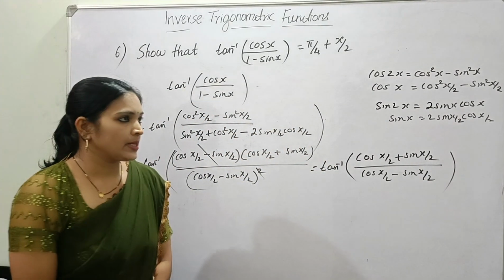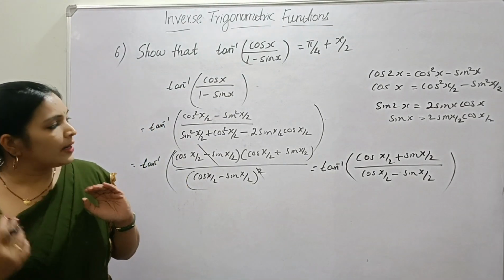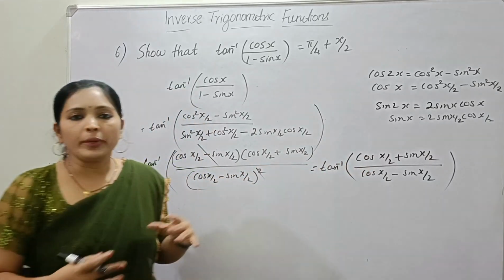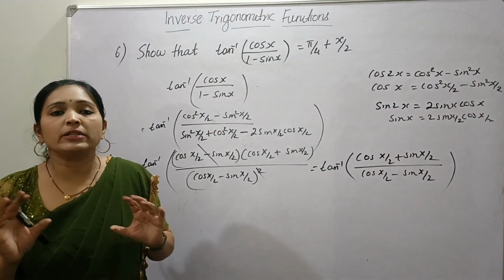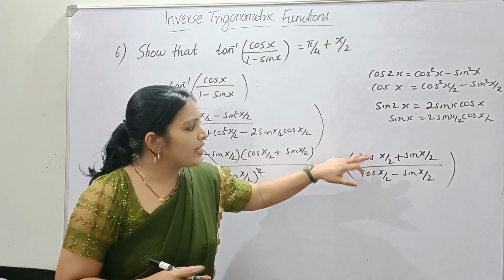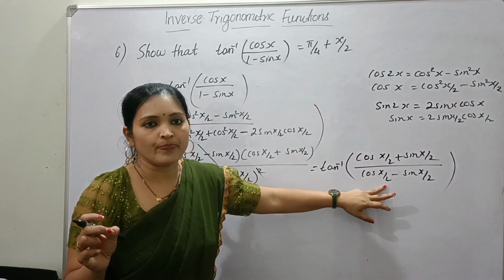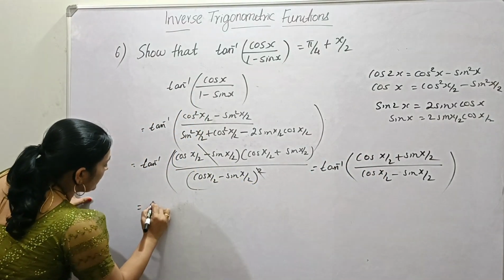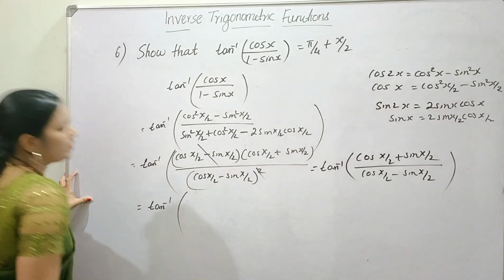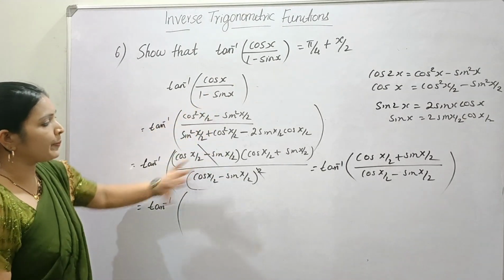And next, see what the next step is. Here let us divide numerator and denominator by cos x by 2, so that we will get tan x by 2. There is no change in tan inverse, we are simplifying only the inside part.